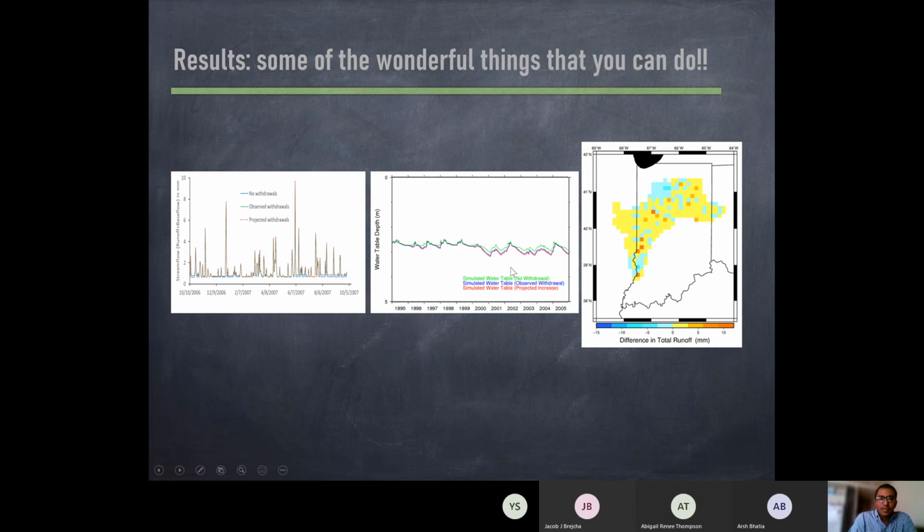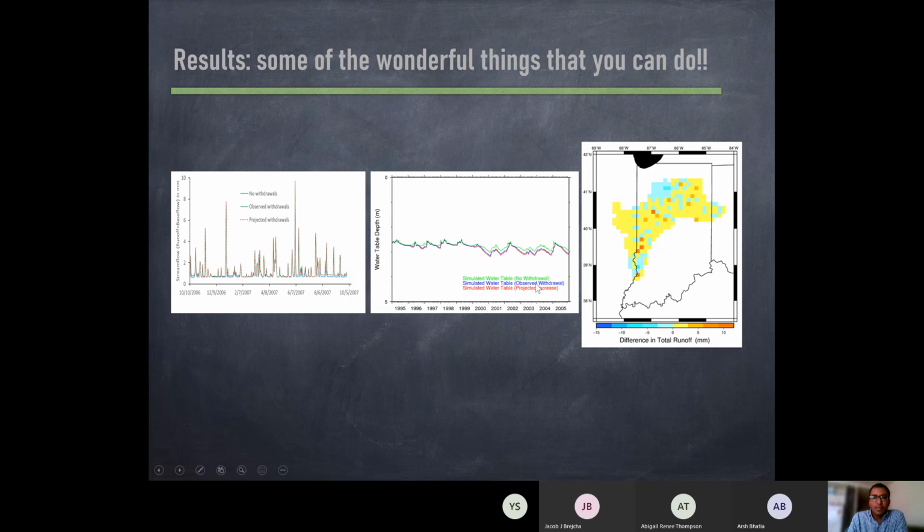Then in the middle I have the groundwater table information. There are three lines. The green one is with no withdrawals, the blue one is with observed withdrawals, and the red one is with projected increase. So what would happen to the water table? If you withdraw water, the water table will go down, right?